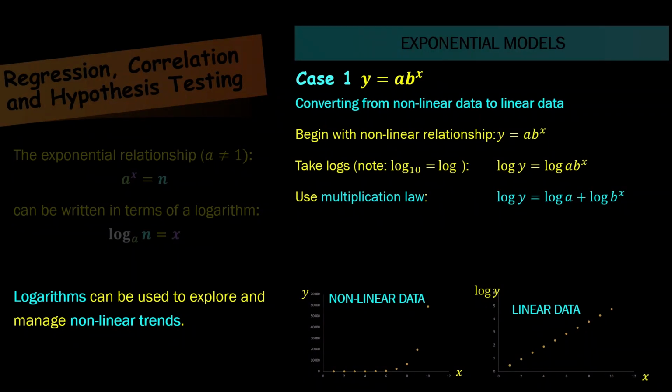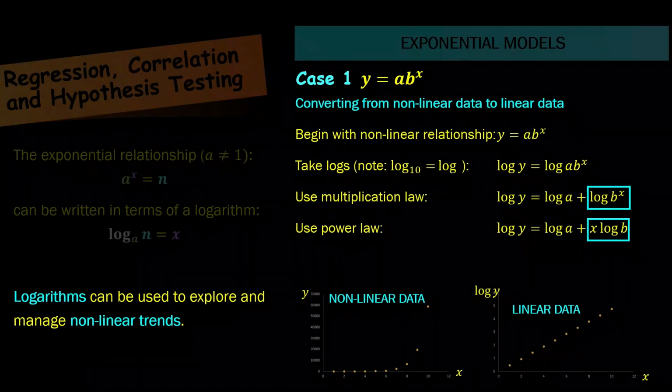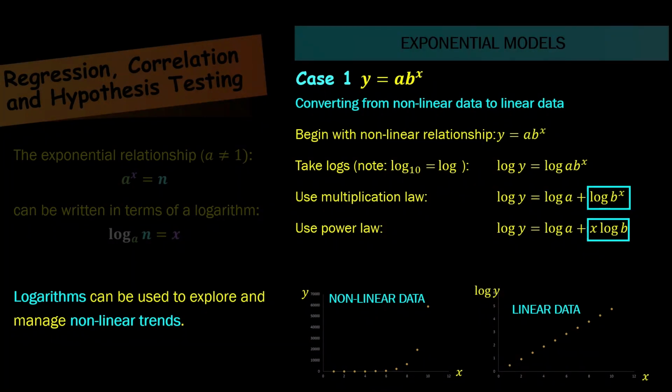We have log y equals log a plus log b to the power x. Next, use the power law. So in this equation, we simply convert log b to the power x to x log b.